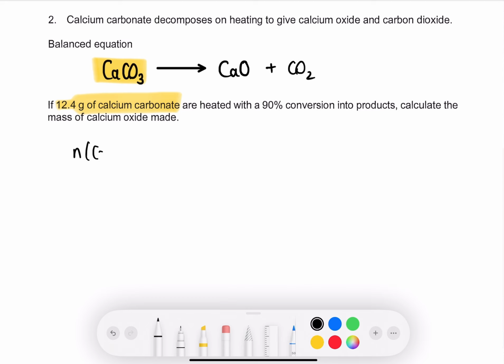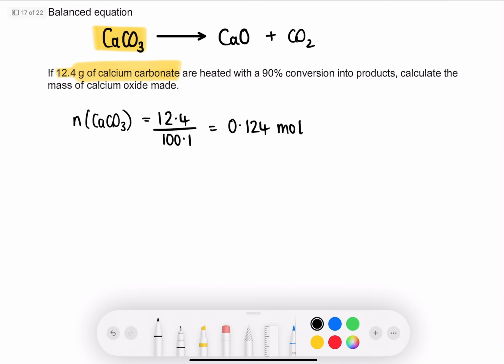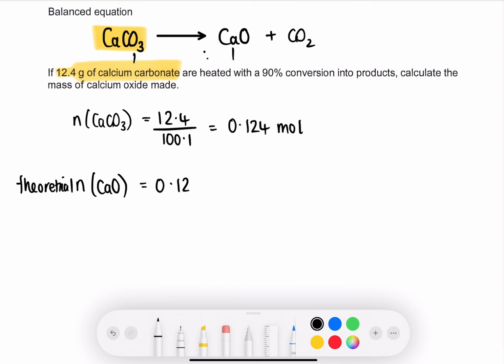Let's just start with moles of calcium carbonate. So again, mass over MR. So if you add up calcium carbonate, and work out the moles. Now, in theory, the theoretical moles of calcium oxide, so the amount that we should be able to make, is 1 to 1, so 0.124.